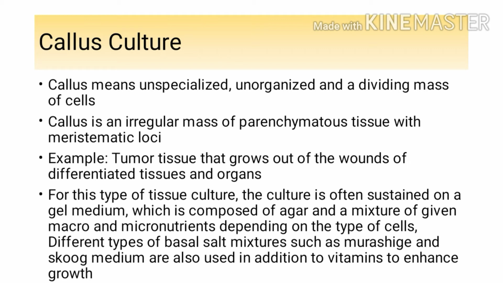So whenever you talk about callus, you can correlate it with meristematic tissue. Just like the meristematic tissue of the plant, callus also has the capability to divide, multiply and grow.